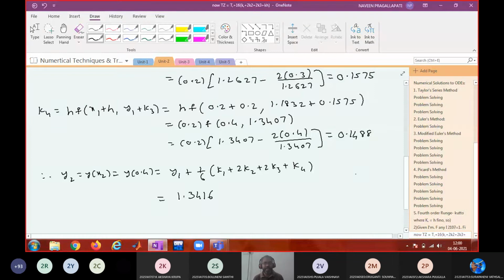If you don't give sufficient brackets, it's all about how effectively you are doing your calculations. So I will give you one more problem, and then we'll give some homework problems. Shall I proceed?